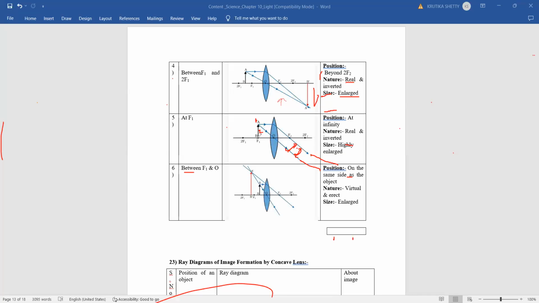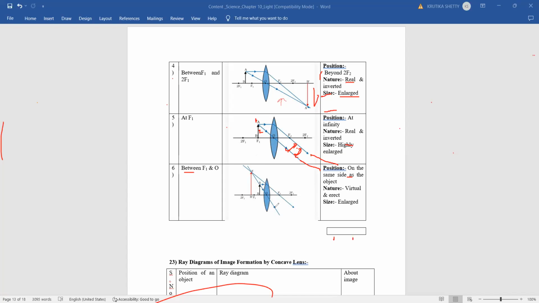Now again they are bringing the object very close to the lens, and you can see the object is now present between f1 and O. One parallel ray passes through the principal focus, and then the second ray passes through the optic center.